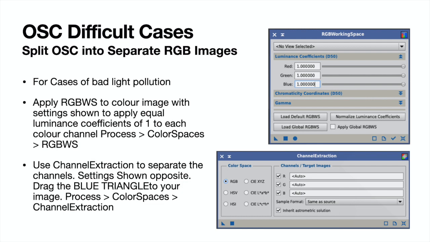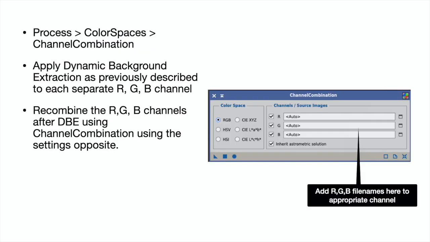The process can be found under Process, Color Spaces, Channel Extraction. You now apply dynamic background extraction, as I've previously described, to each separate red, green and blue channel image created.